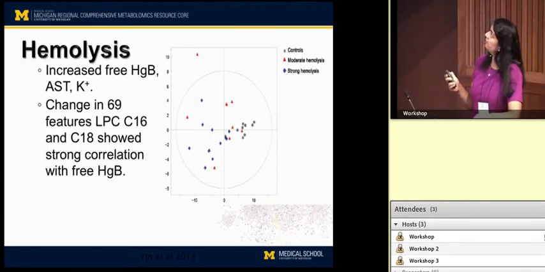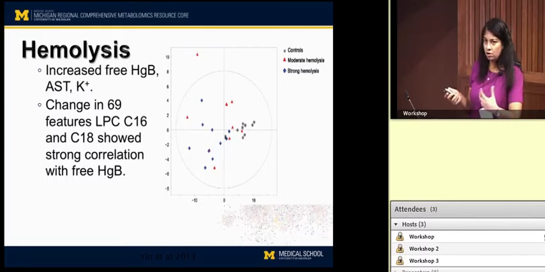You can see that the PCA plot is able to differentiate the same sample because of the level of hemolysis. Up to 69 features change. Mostly lysophosphocholine 16 and 18 show the strongest association with free hemoglobin. So you have to make a decision to eliminate hemolyzed samples or create some sort of data entry to control for those changes.